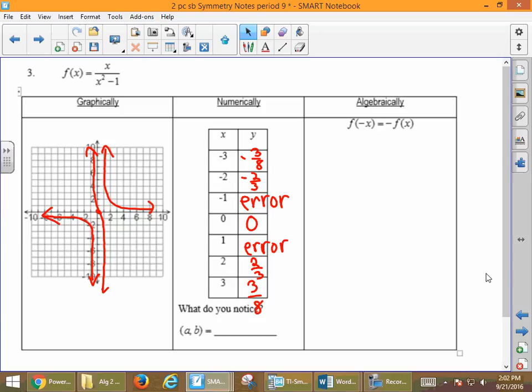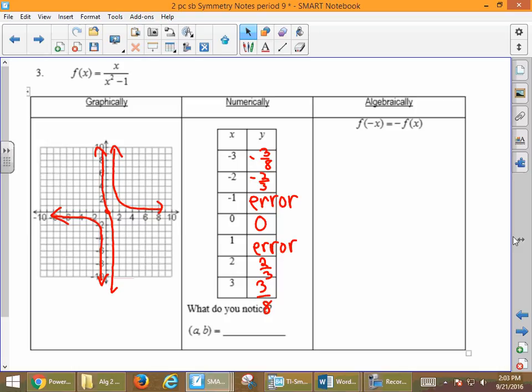And again, if we can't tell from the graph, let's look at the table. We've got -3 and we've got -3/8. And its counterpart is +3 and +3/8. We've got -2 and -2/3, so we also have +2 and +2/3. So those are the two that we can use, and what's happening there is that we've got A, B, and then we get -A, -B.